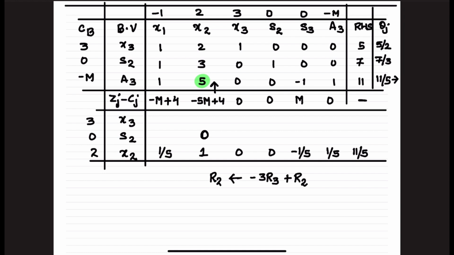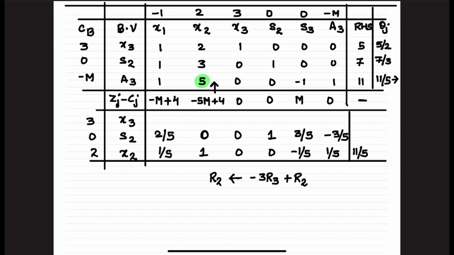So -3 by 5 plus 1, that is 2 by 5. This is 0. This is 1. This is 3 by 5. This is -3 by 5.